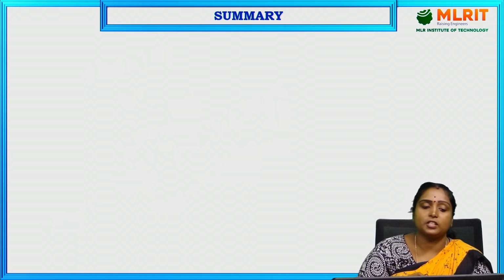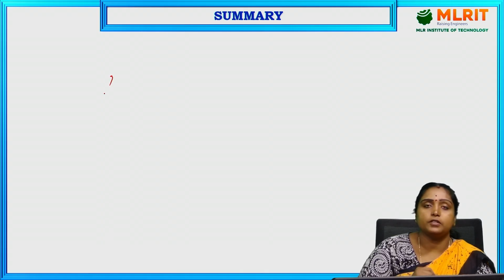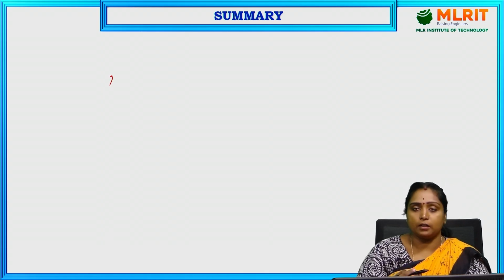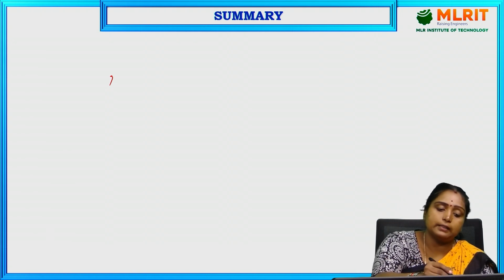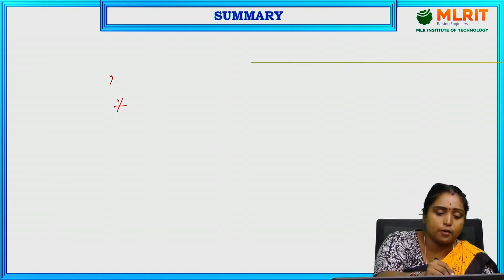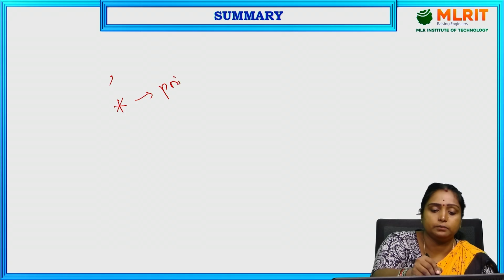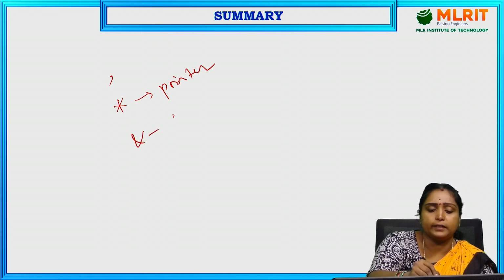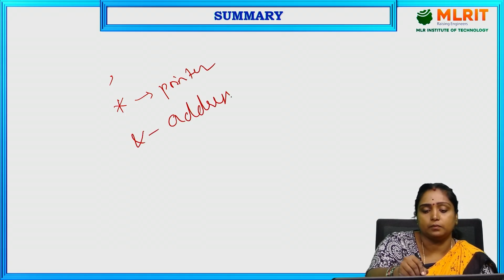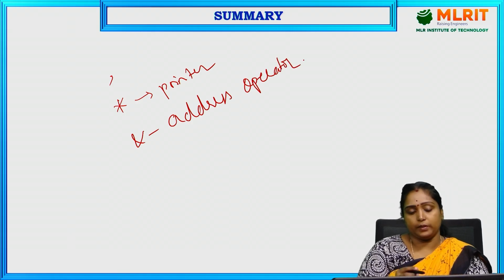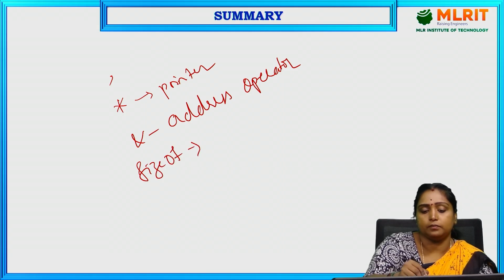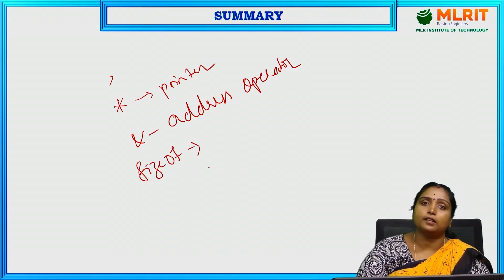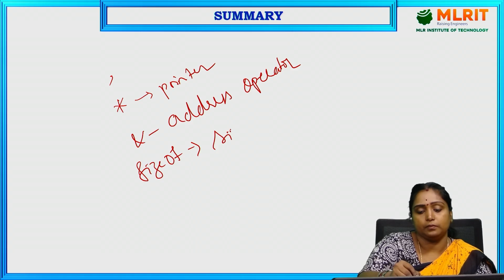Next come the special operators, which include the comma, in order to separate two things in a printf statement or scanf statement, and we are using the star operator as a pointer variable, and the address operator in order to find the address of a variable. We also have the sizeof operator, which is used to find the size of a variable in bytes.